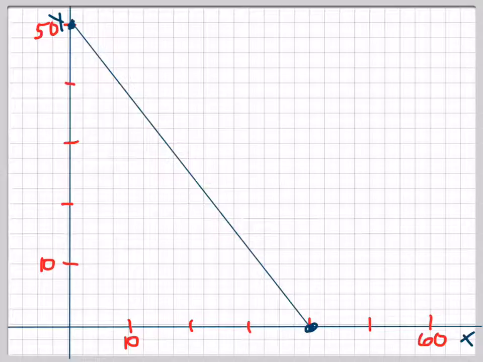Okay, so here's 30, here's 40, here's 35, so 36 is right about here. Alright, and 54, 0, that's right about here. And connect those.